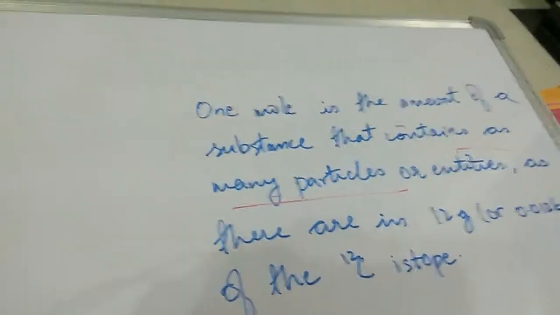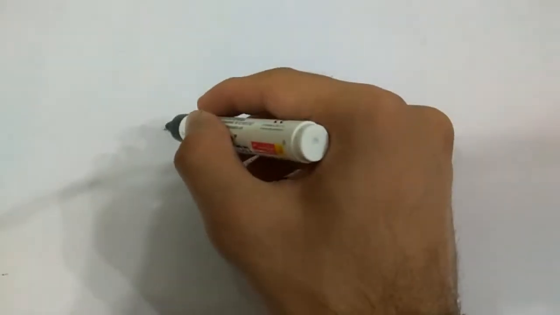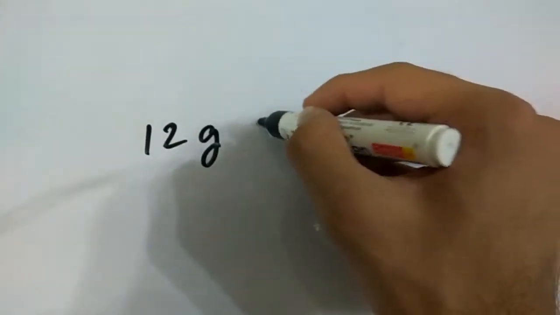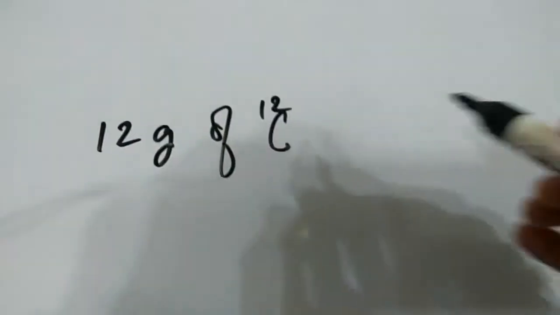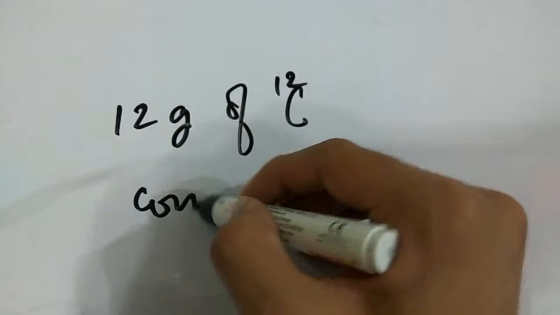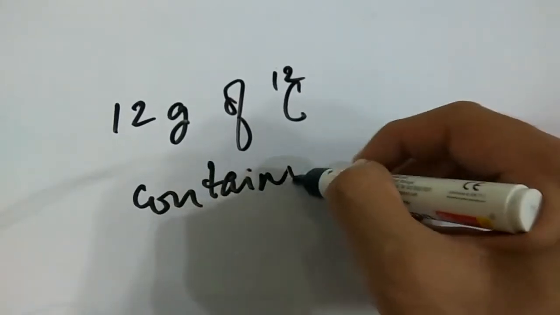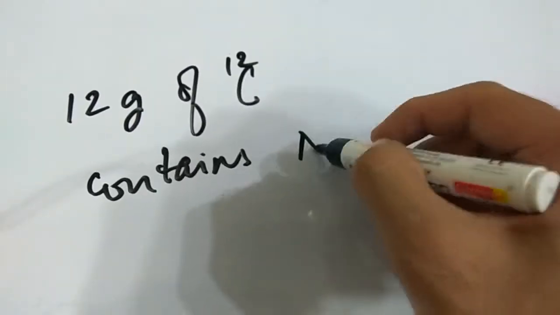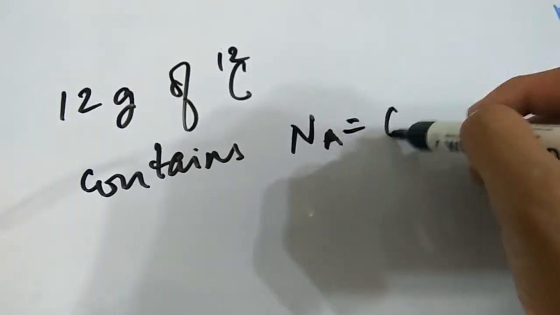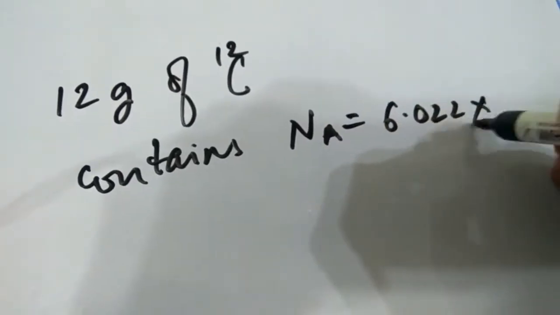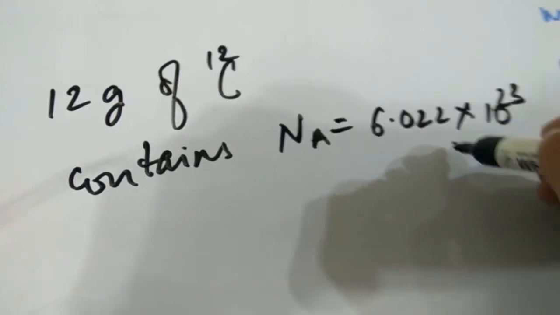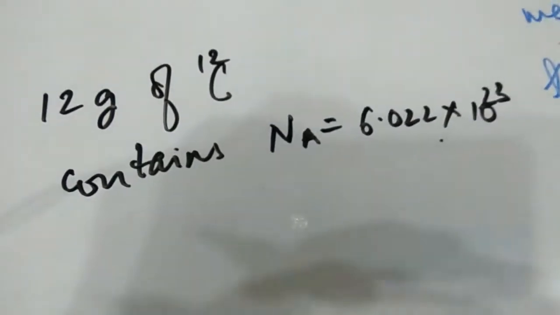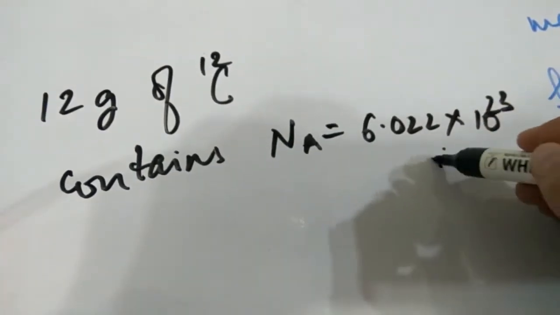So 12 gram of carbon 12 contains Na, which is equal to 6.022 into 10 raised to power 23 atoms.